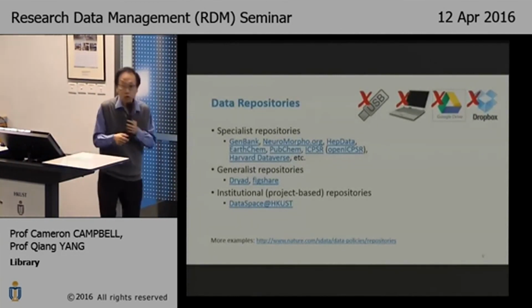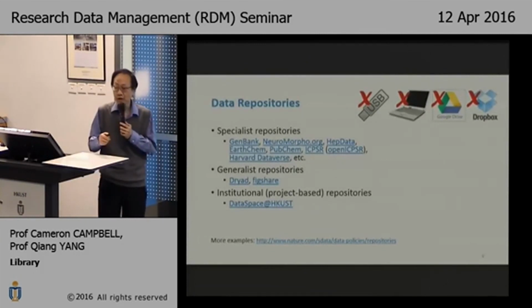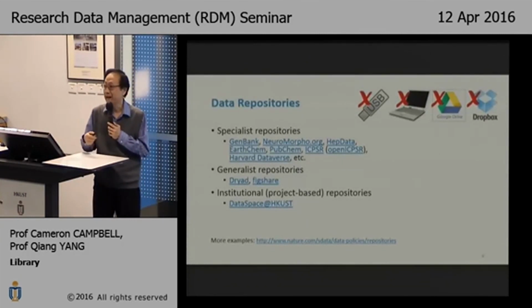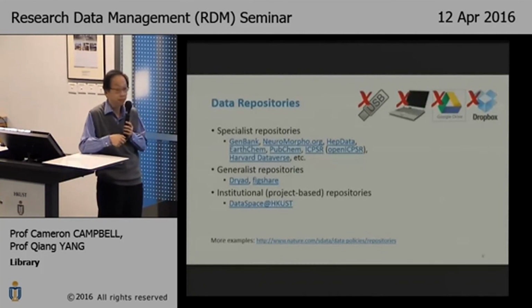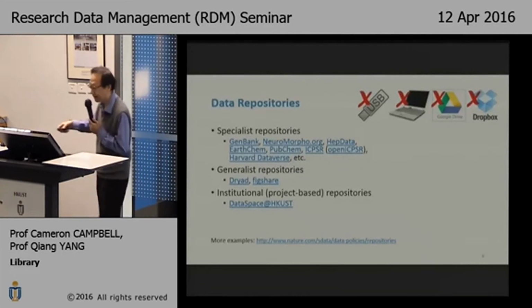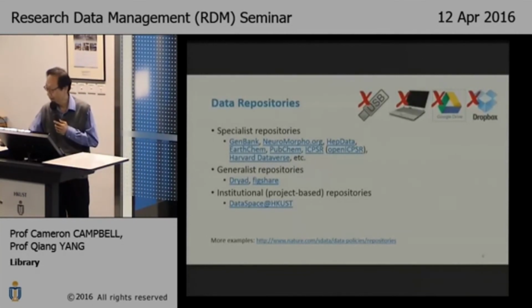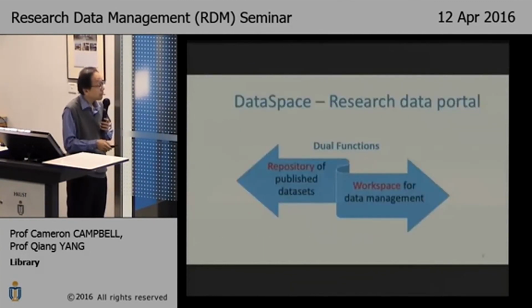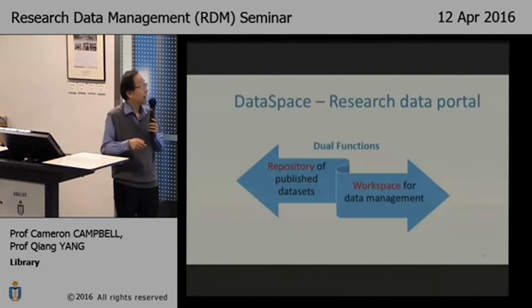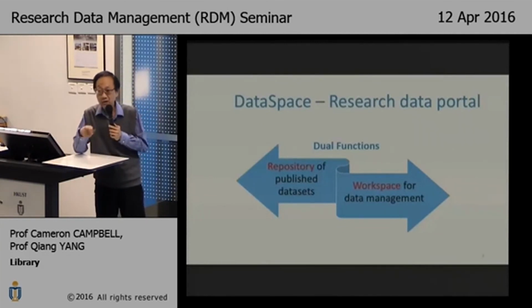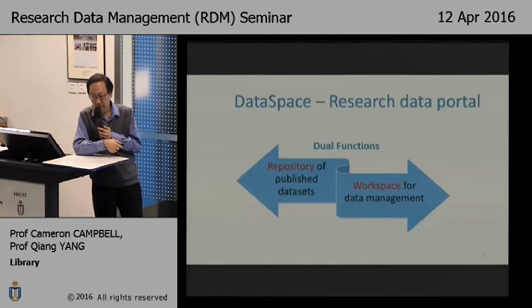But there is a third group of repositories, which I think is easier for us: institutional or project-based repositories, and DataSpace is one of them. Okay, so let's get into the demonstration. DataSpace has two functions. One is that it acts as a repository, so that you can deposit your data set and make it openly accessible, more or less meaning that you are publishing your data set.